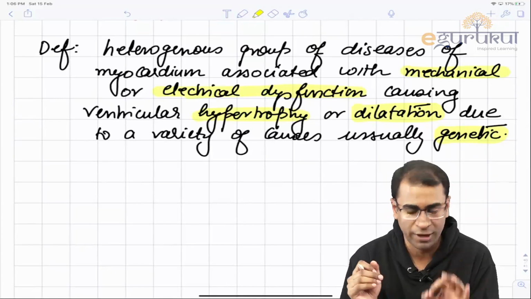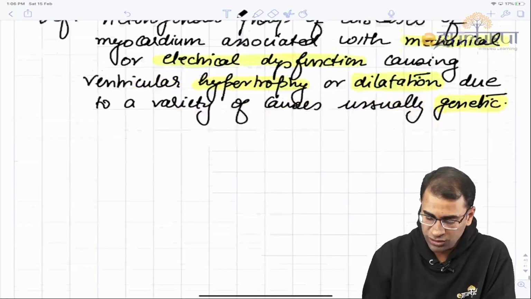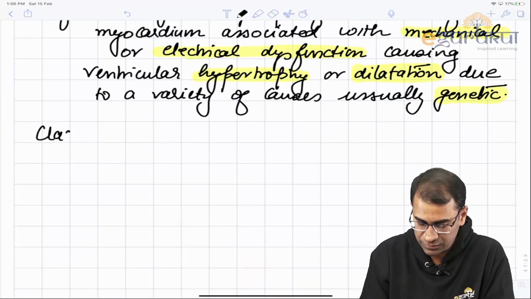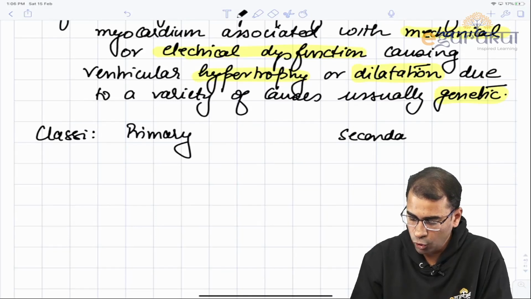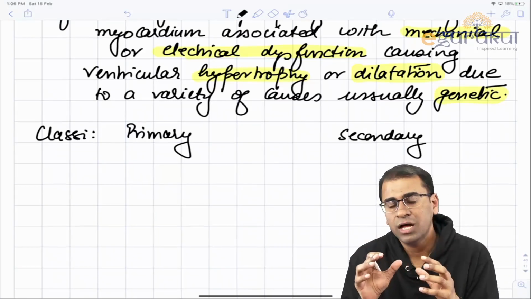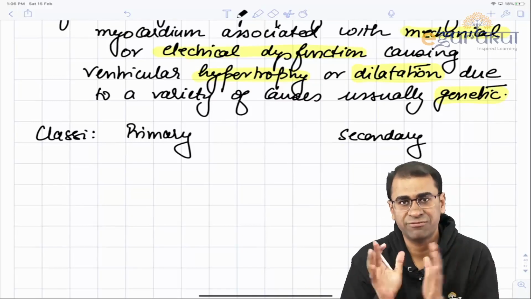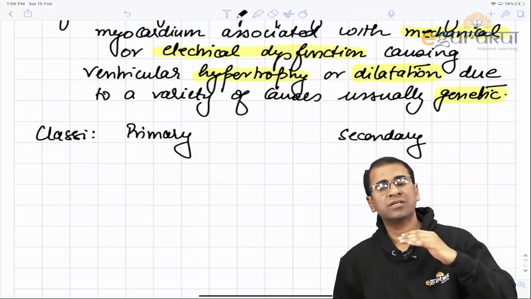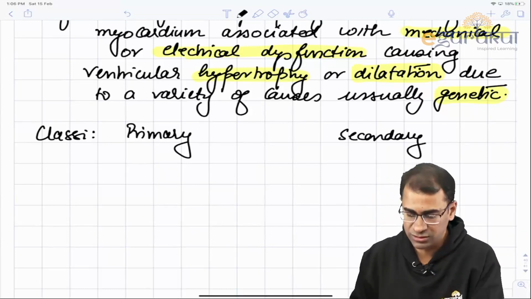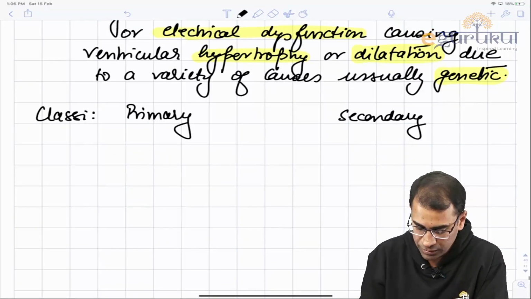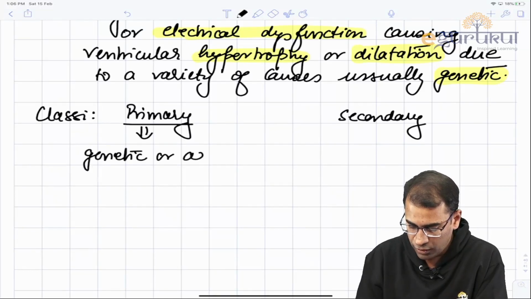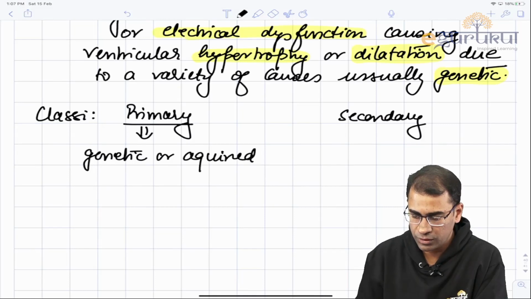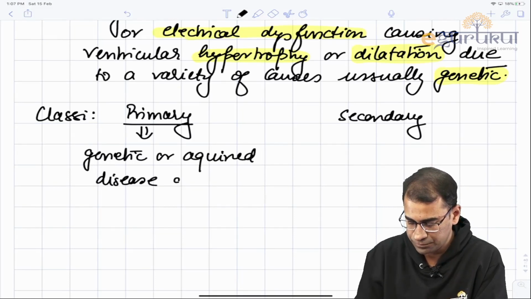Now, etiologically or classification wise, it can either be primary or secondary. Primary means the problem is in the heart itself. Secondary means it is acquired due to some other systemic cause. So primary refers to genetic or acquired disease of the myocardium, of the heart.